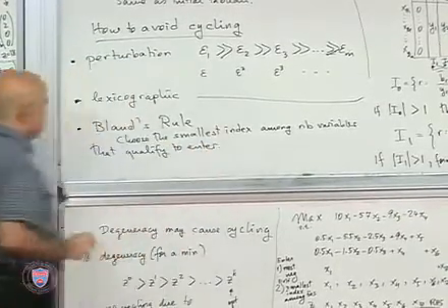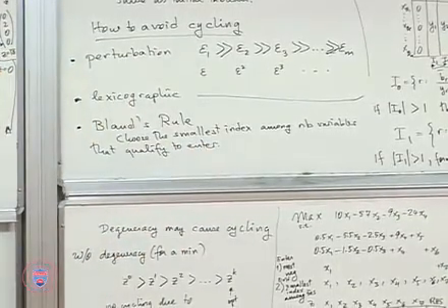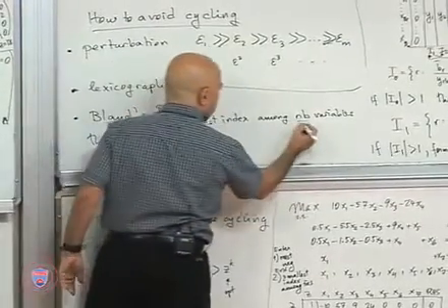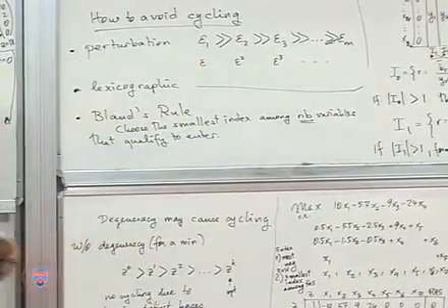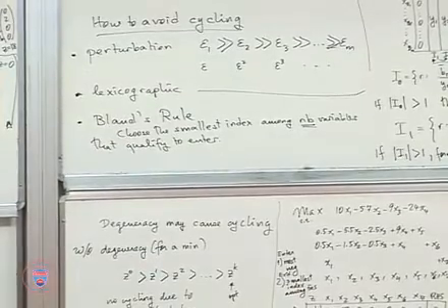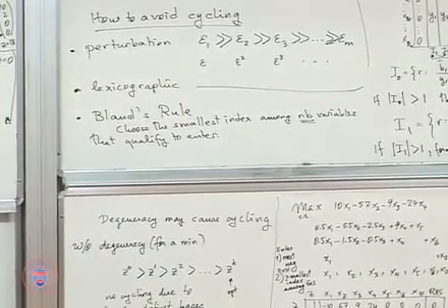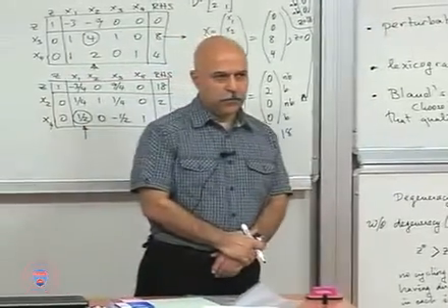So choose the smallest indexed variable among all non-basic variables. NB stands for non-basic. Among all non-basic variables that qualify to enter, which means these are the variables that have positive reduced cost for a minimization problem.